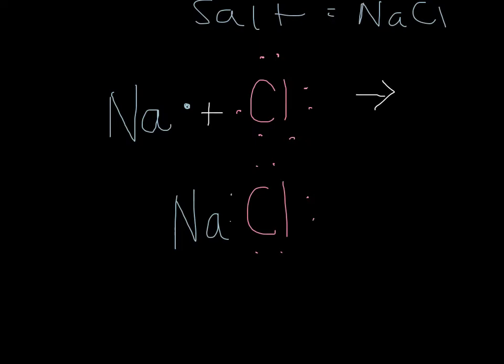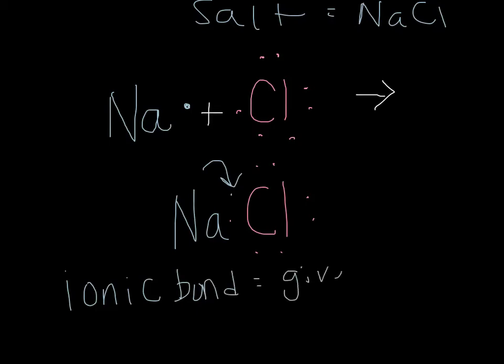And this is a good example of what's considered an ionic bond. The sodium gave up its electron, it gave it away to chlorine. So this is an ionic bond, and that it gives away that electron.